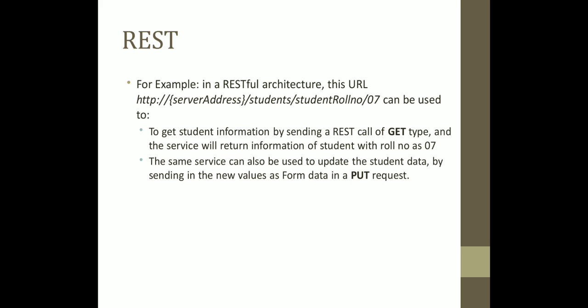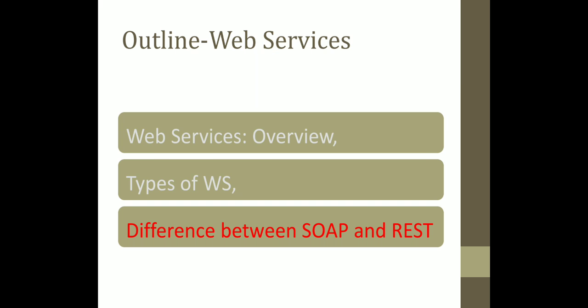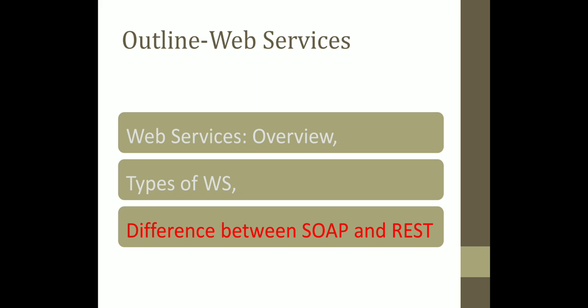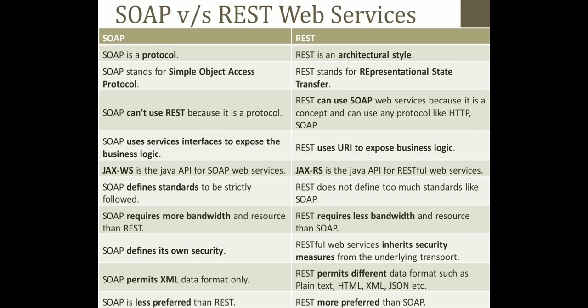So next we will see the difference between SOAP and REST, okay. With these advantages and disadvantages we have already gone through the differences, but we'll focus on a few more points, like what is the difference between SOAP versus REST web services. SOAP is a protocol whereas REST is an architectural style.